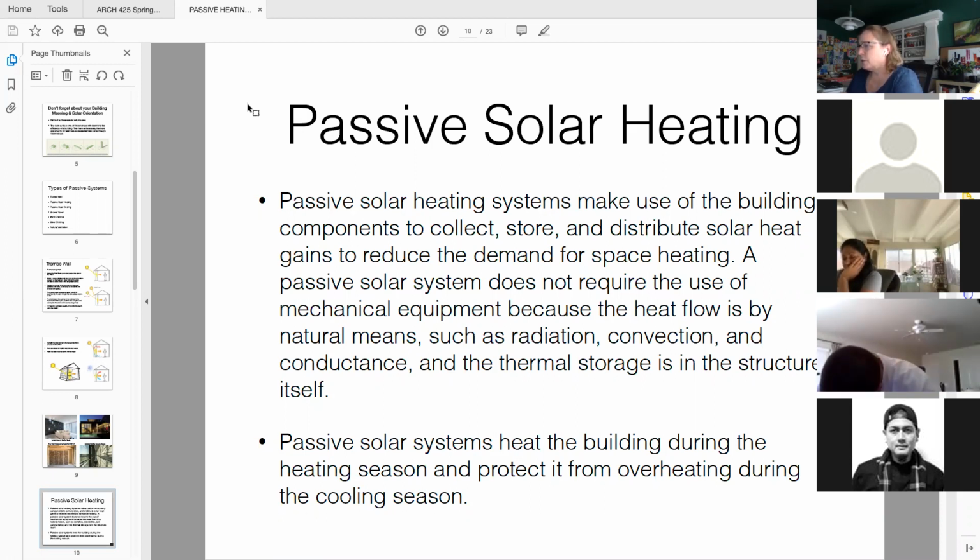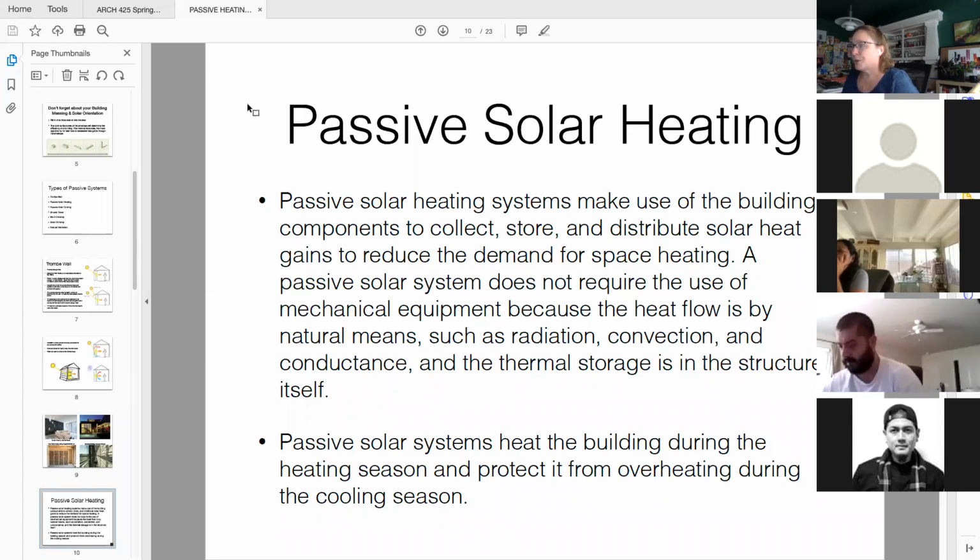So the system is using the envelope of the building and the building materials to create this passive heating system. And again, it's relying just on the natural methods of heat transfer: radiation, convection, and conductance.